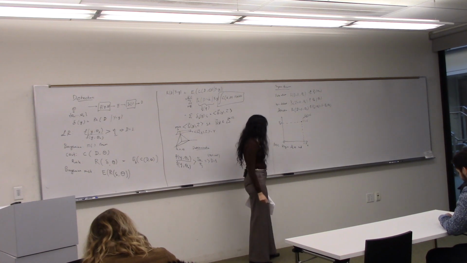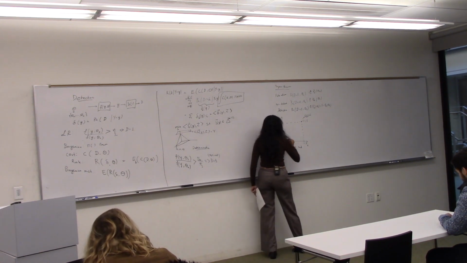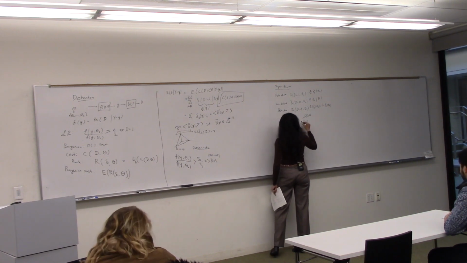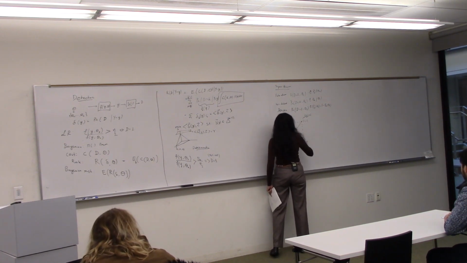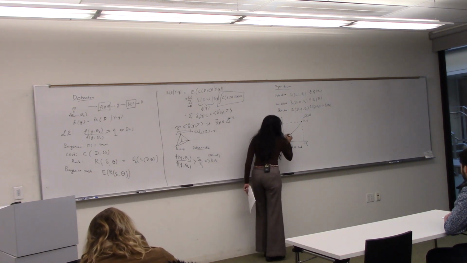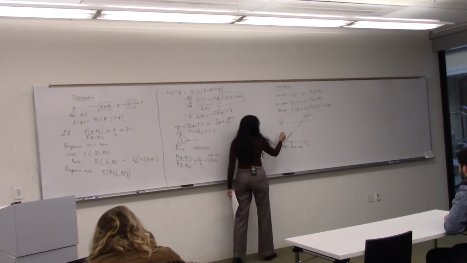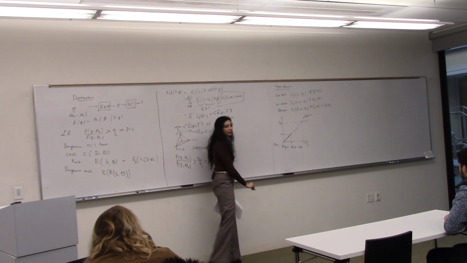Okay, so what are the other possibilities? What about this straight line here? So meaning, let's just say I have alpha for my false alarm. I also have alpha for my detection probability.